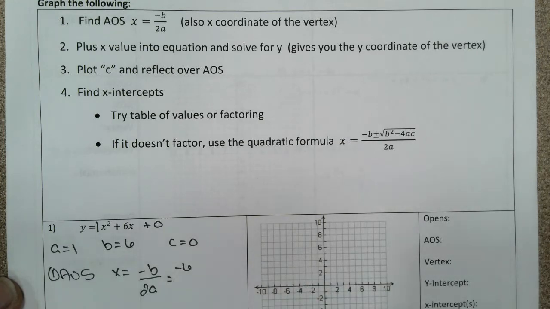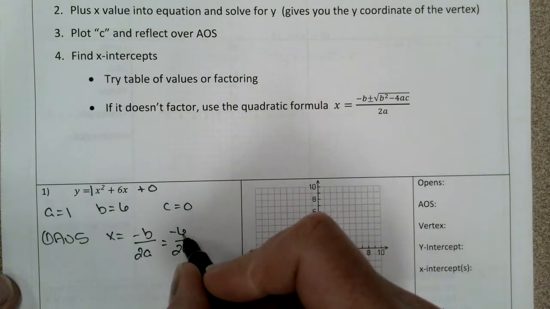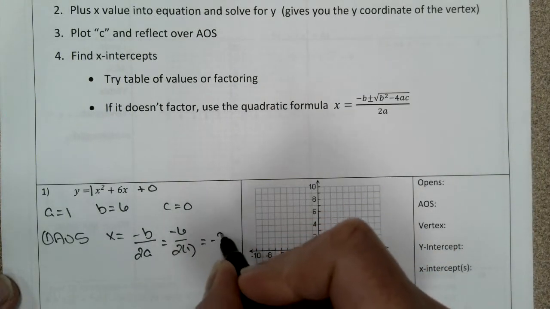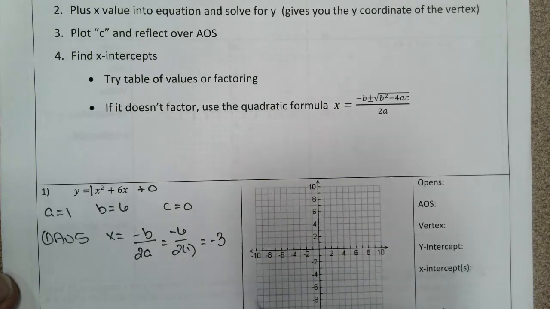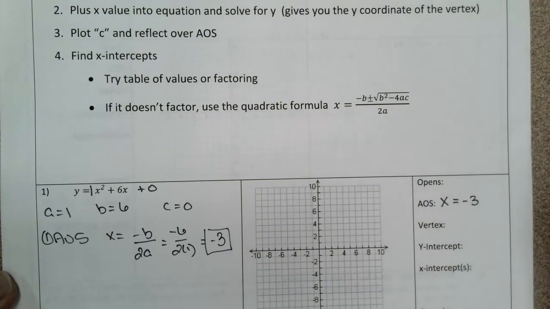So that plus 6 goes to negative 6 over 2 times 1. That's negative 6 divided by 2, which equals negative 3. Your axis of symmetry is x equals negative 3.